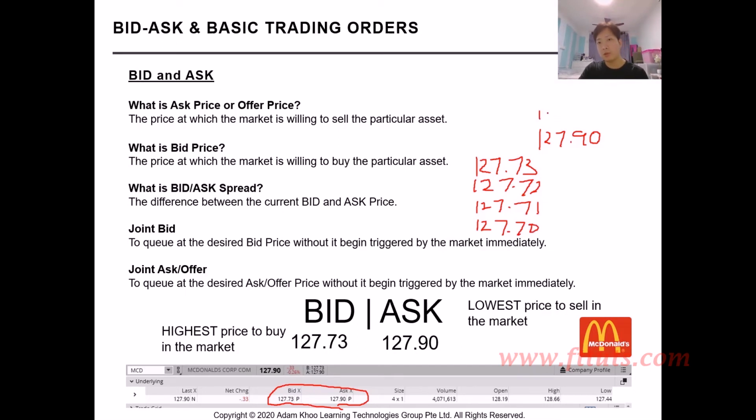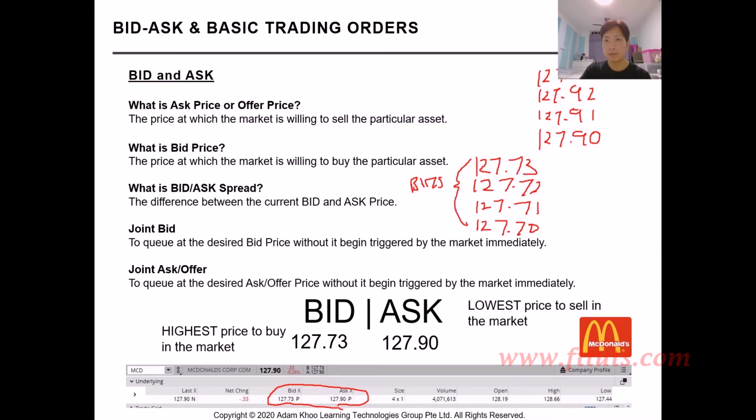Anything higher will be 127.91, 127.92, 127.93, and so on. On the left column you have your bids, and over here on this column will be your offers.